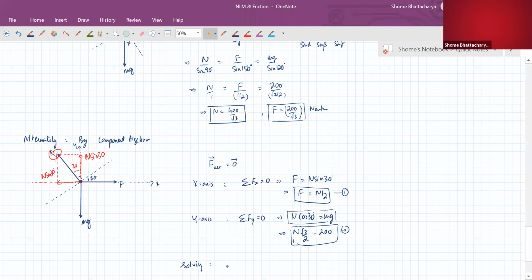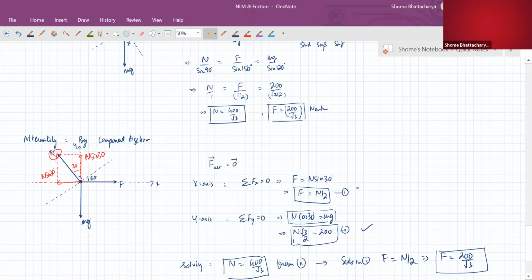The solving will give us that the normal reaction from the second equation is 400 by root 3. From equation 2 that you can see over here, substitute that in the first equation. So F is equal to N by 2. So F will become 200 by root 3 newtons. From this equation, we're getting this here.